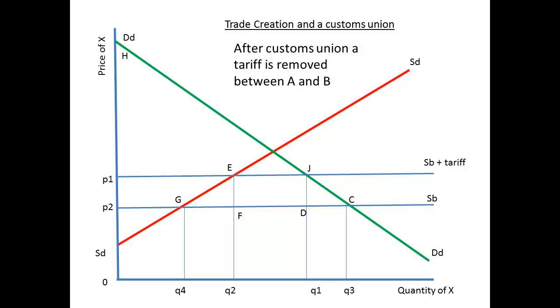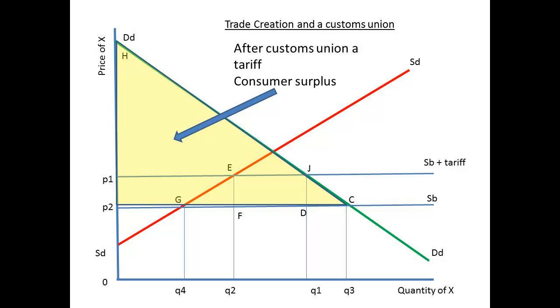The amount of goods supplied by country B is represented by Q3 minus Q4. The consumer surplus has increased from the area of the triangle P1HJ to a larger triangle whose area is P2HC.